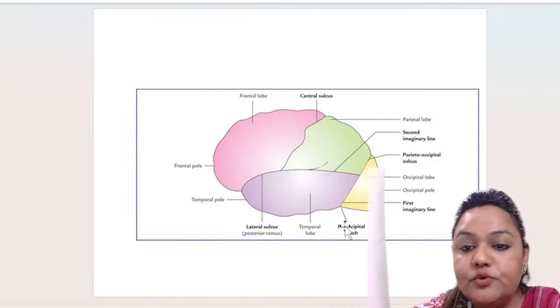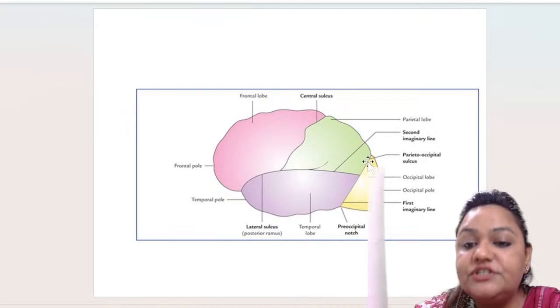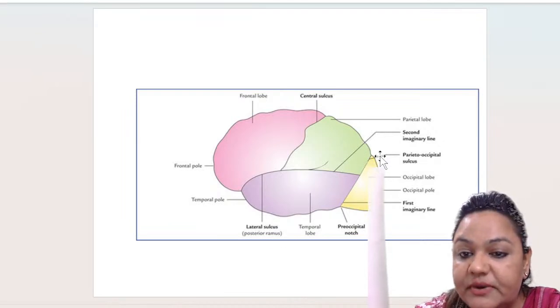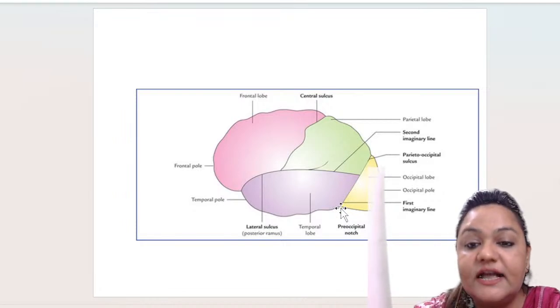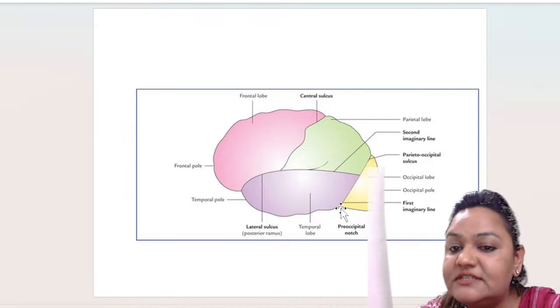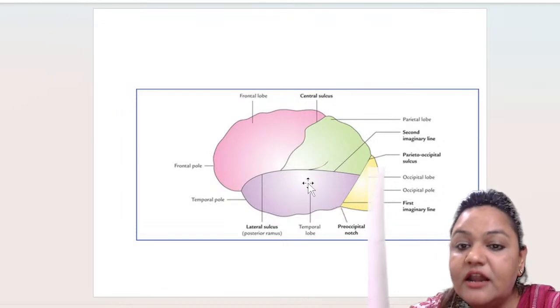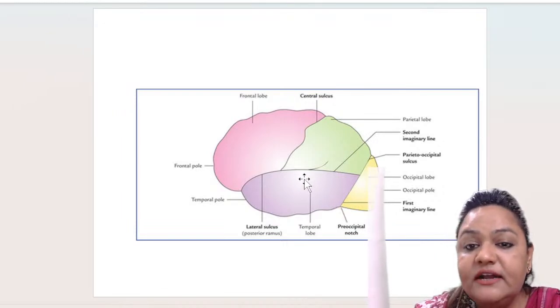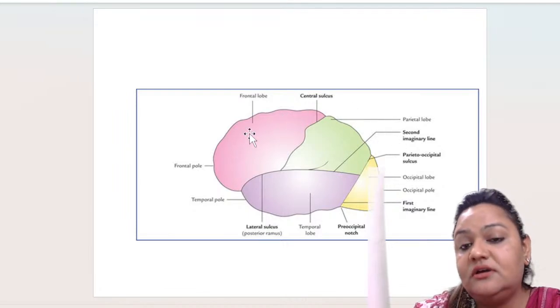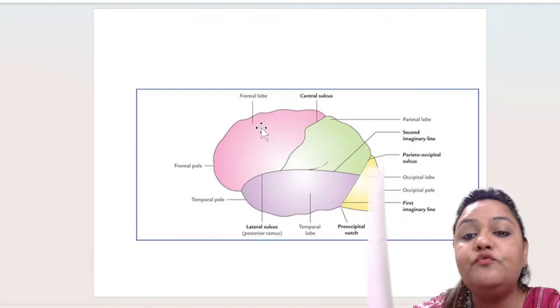So what we need to do here, we will draw the first imaginary line which is joining the parieto-occipital sulcus and the pre-occipital notch. So that's how we have got our first imaginary line. Now we need to draw the second imaginary line, and that's how we can divide this entire cerebral hemisphere into 4 lobes.